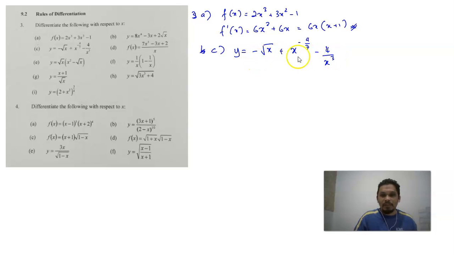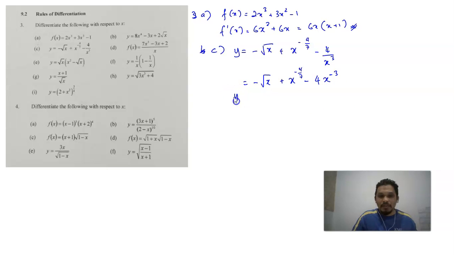Before we differentiate, let's simplify this. Let's bring this above, come out with x to the power of negative 3.